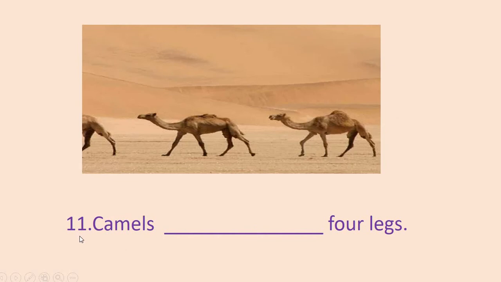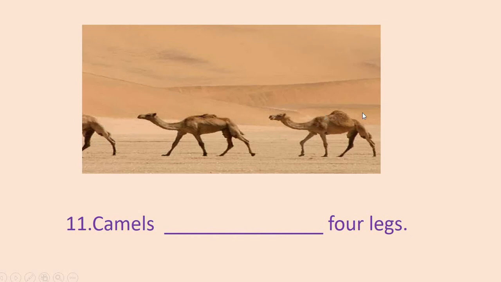See now number 11. What is this? Can you guess? Yes, students, can you tell me the answer? Which animal is this? Yes, here it is written. It is camel. Camel, they live in the desert. They live in desert area, no? So see, they are walking. Okay. So there are many.